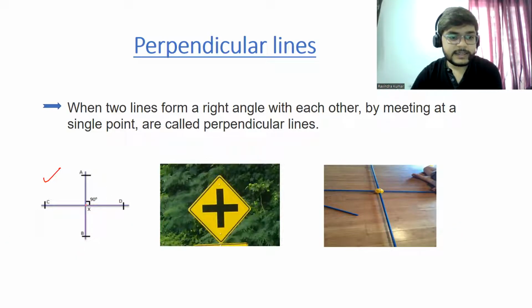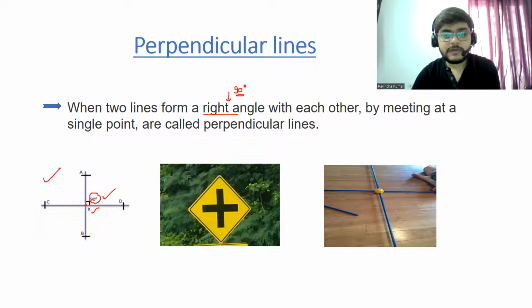The intersecting point here is X, and the angle here is 90 degrees. The right angle means a 90 degree angle, right? So it is very simple. If there are two lines and the angle formed between these two lines is 90 degrees, then these lines are called perpendicular lines, right?